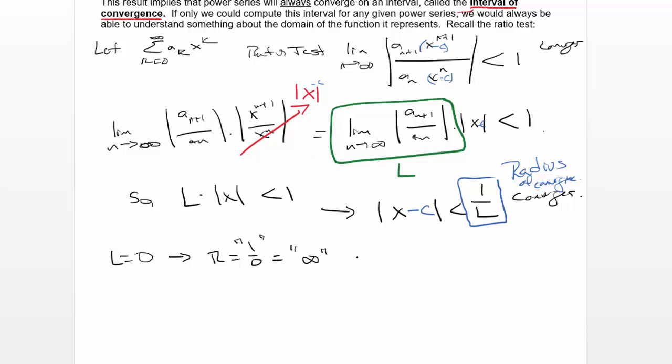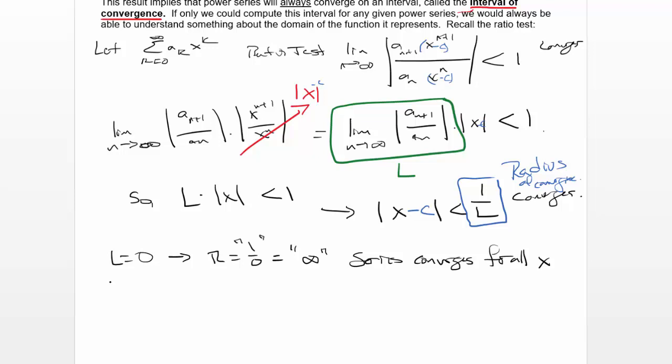Meaning the radius of convergence is infinity. That means the series converges for all x. No matter what x you choose, this x minus c will always be smaller than infinity, meaning any x you choose will always make this a convergent series.